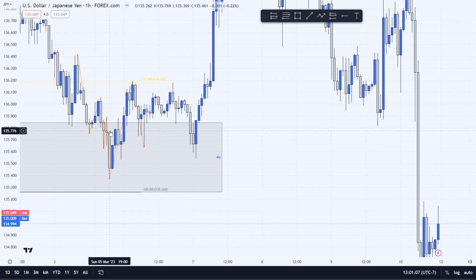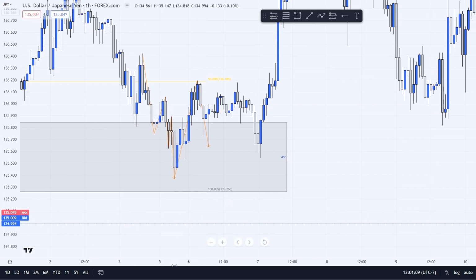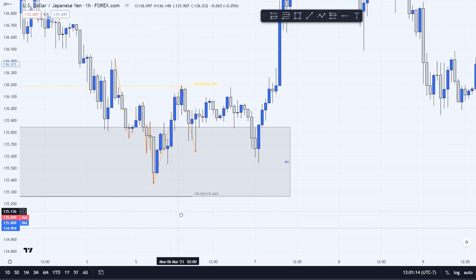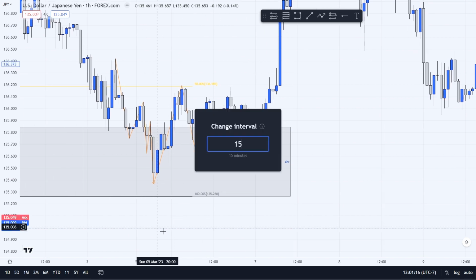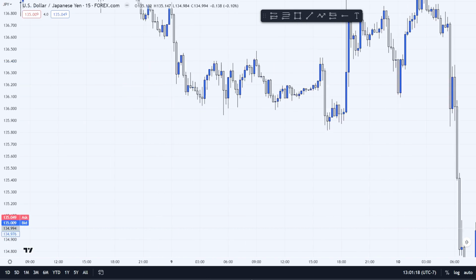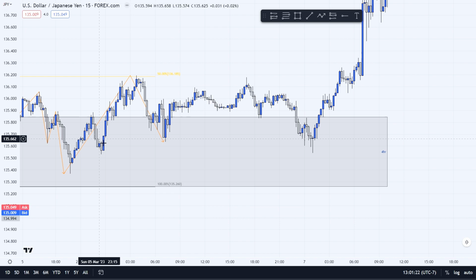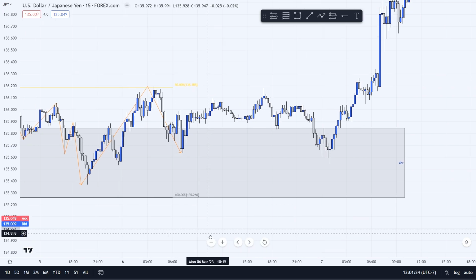This zone is huge, so I could use that zone if I don't find another zone to use. So drop down to the 15-minute. So I see a zone right up in here.